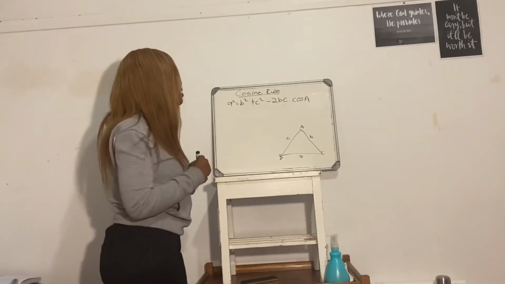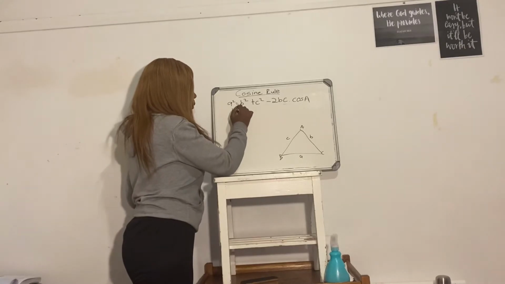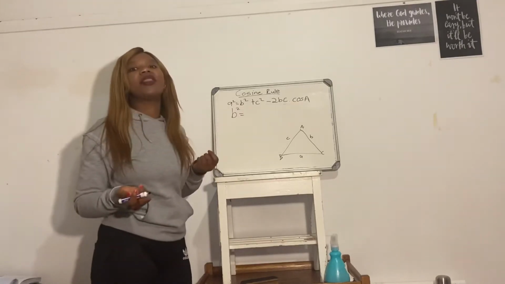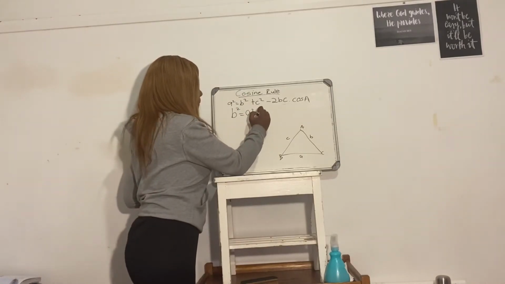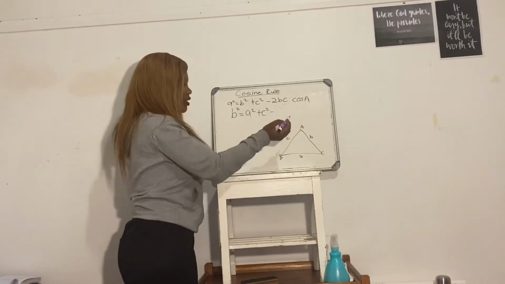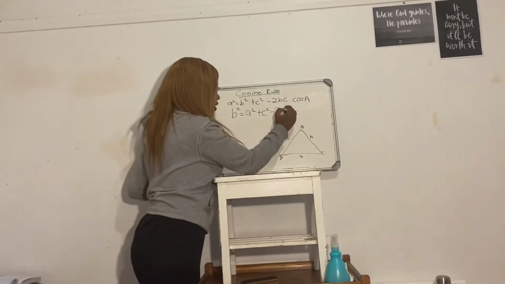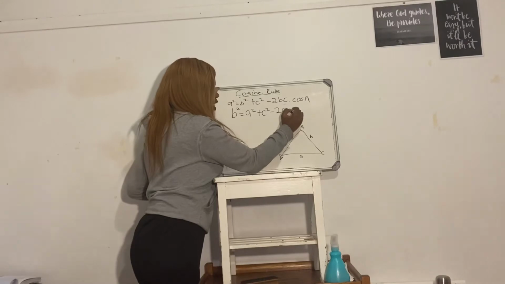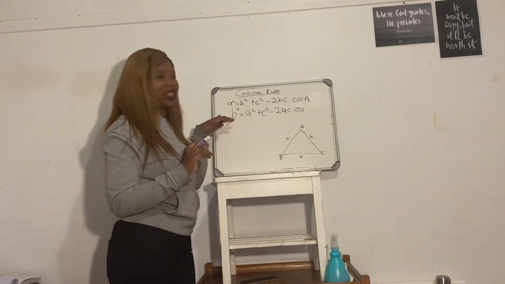Not sure if I'm making sense, but let's say we were asked to look for b squared, for example. b squared is equal to the sum of the squares of the two other sides. So it's going to be a squared plus c squared minus 2 of the sides that we just summed, so 2ac, times cos. The angle is always going to be the one that the side is opposite to.